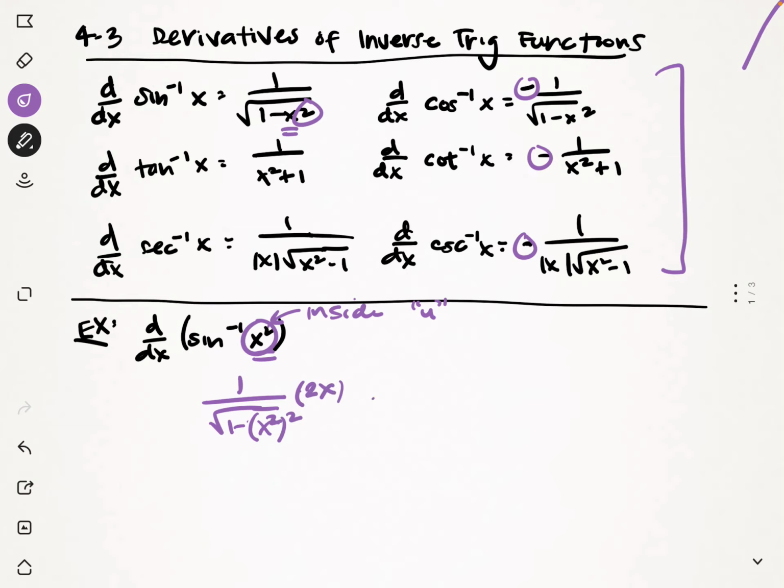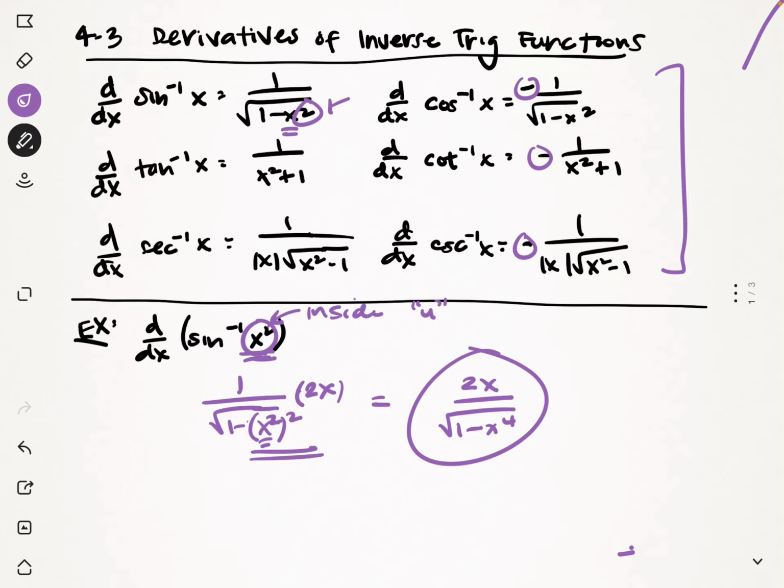So the simplified version of this is going to be, well, 2x can go in the numerator, 2x times 1 is 2x. And in the denominator, we can simplify it because x squared squared is x to the 4th. So be very careful and remember that the x squared stays the same, but this also has a square, so that's why we get the x squared squared here.